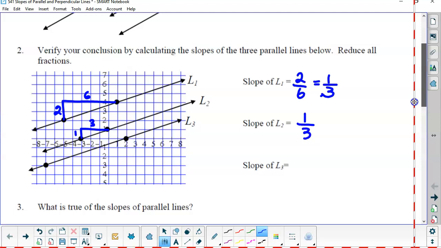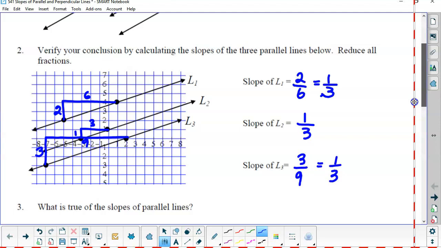Third line, going up and to the right to get from point to point, that's 3. And 1, 2, 3, 4, 5, 6, 7, 8, 9. 3 over 9. And that reduces to 1/3.